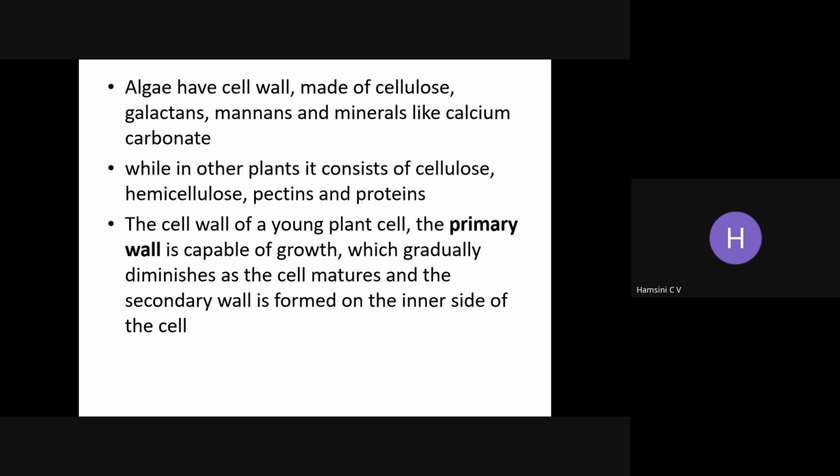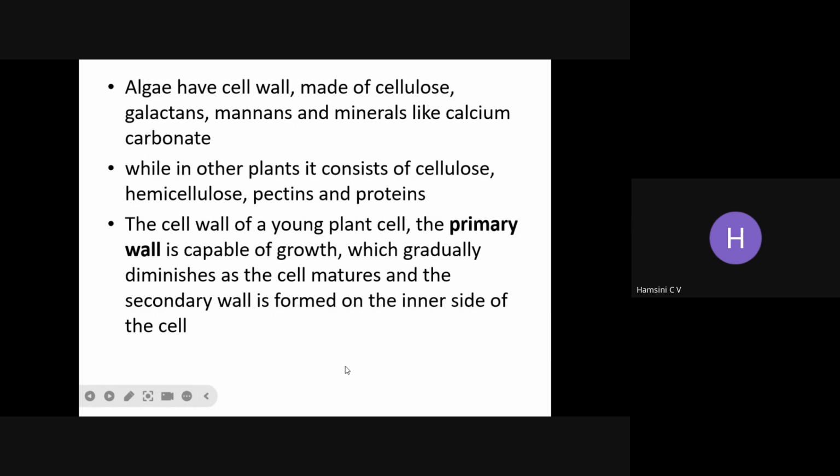If the plant is young, it will have only one layer of cell wall, which we call primary cell wall. But as it grows, to its inner surface it adds one more and one more layer of cell wall. We call that secondary cell wall.